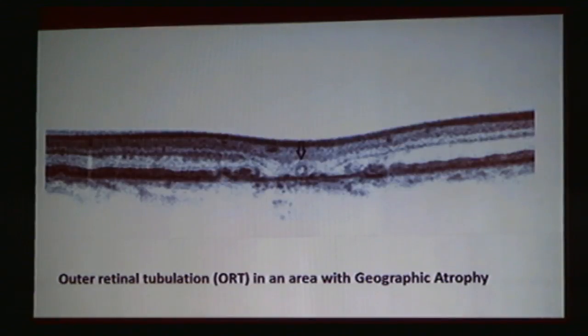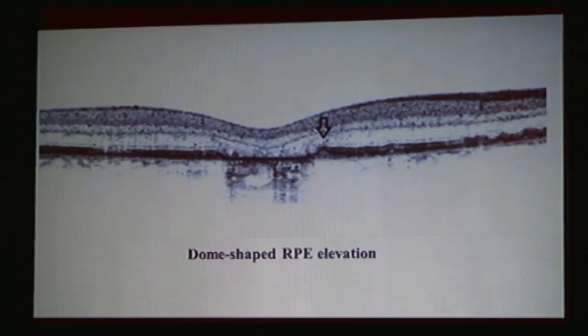A few more terminologies have been described. Over here, you are seeing this outer retinal tubulation, which is also associated with this area of geographic atrophy. Then dome-shaped RPE elevation at the junction of the geographic atrophy.